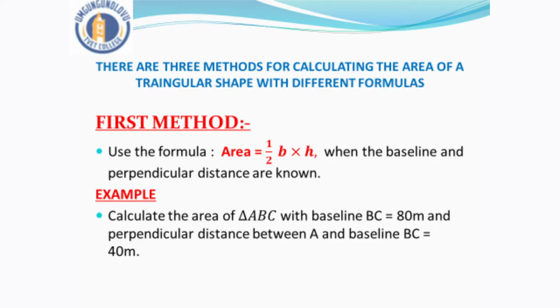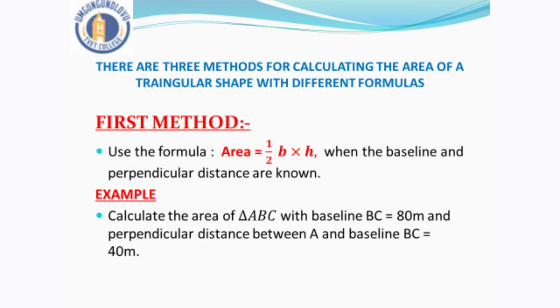Okay, so there are 3 methods for calculating the area of the triangular shape with different formulas. Whereas when we are calculating the area of the square, we've got 1 formula. And when we are calculating the area of the trapezium or parallelogram, we've got 1 formula. But here on the triangle, we've got 3 different formulas.